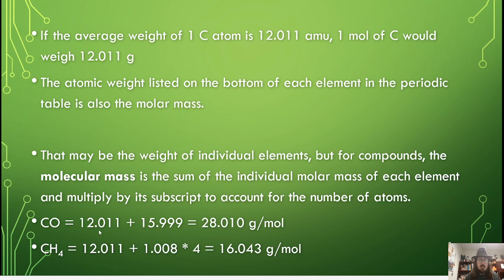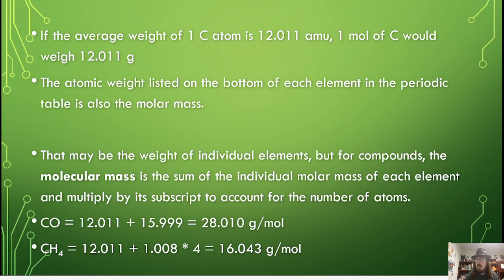So we take the weight of 1 carbon and 1 oxygen, we add them up, you get 28.010. Now, mind you, most times we can round to the nearest whole number, or at least to the tenths decimal place, and still be pretty safe. But in these examples, I've gone ahead and given the whole numbers.